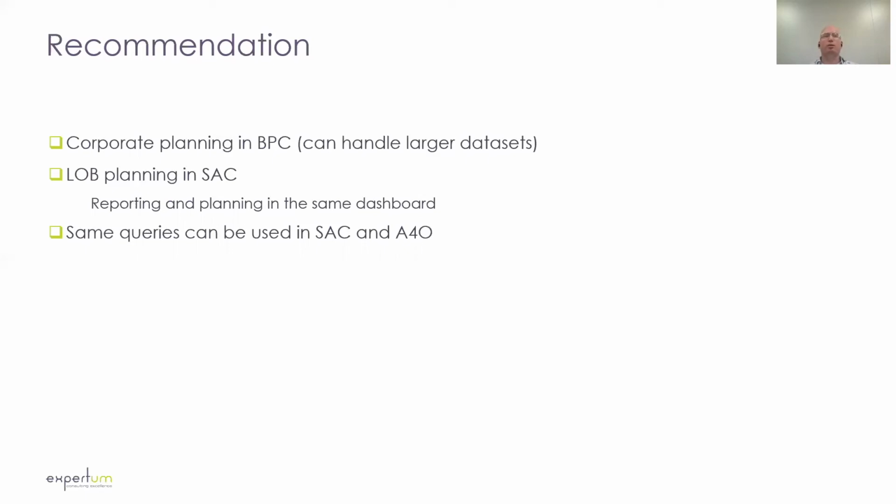And the same queries that are used in Analysis for Office from a BPC perspective can be used in the SAC model. So it's just loading the queries as a model into SAC, and then the data is available.